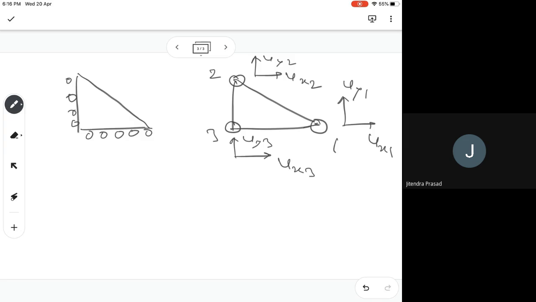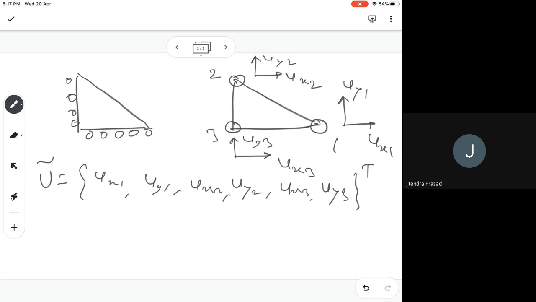Given this, the main intention here is to identify which value is what. So u as such will be equal to u x1, u y1, u x2, u y2, u x3, u y3, transpose of that.